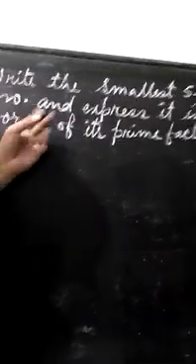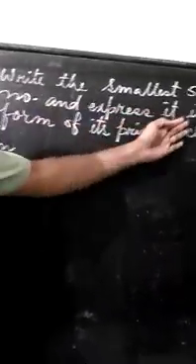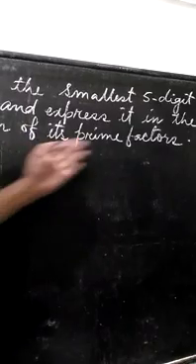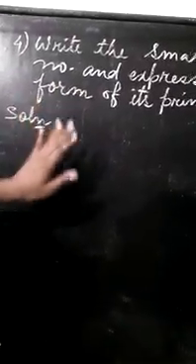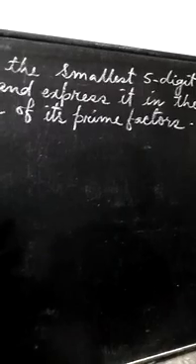Now in question number 4, write the smallest 5-digit number and express it in the form of its prime factors. You have to first write down the smallest 5-digit number and then express it in the form of its prime factors.